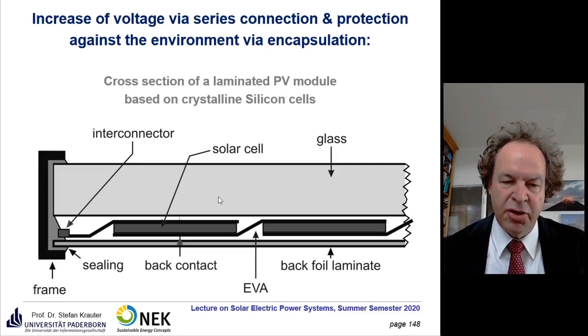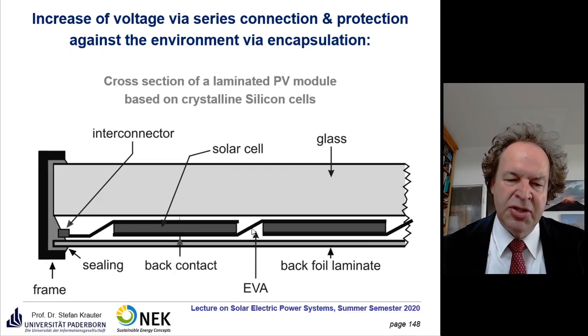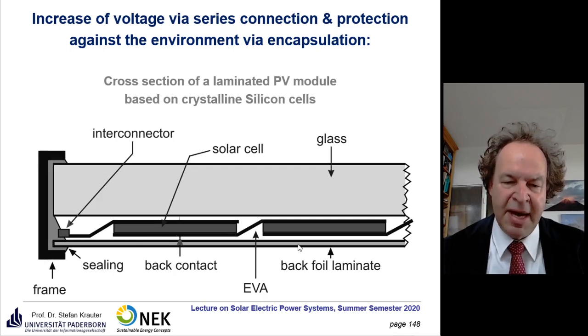Here again, we see the cross section with the glass and the interconnected solar cells. Here the stripes are quite straight. Usually you apply a bow here to make it possible for the solar cells to thermally expand, because they have a different thermal expansion coefficient than the EVA or the glass or the backsheet laminate.